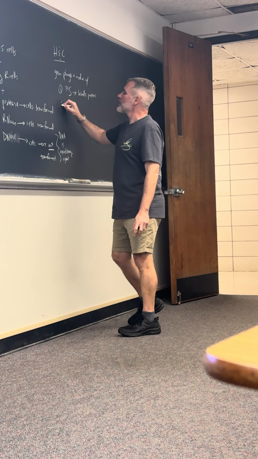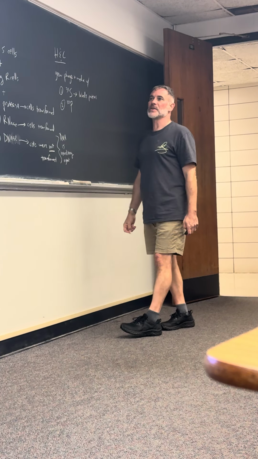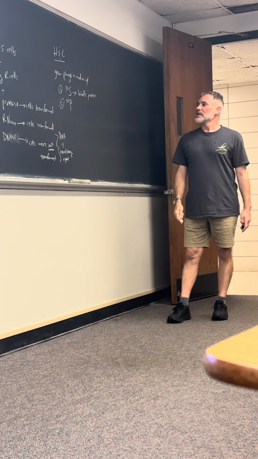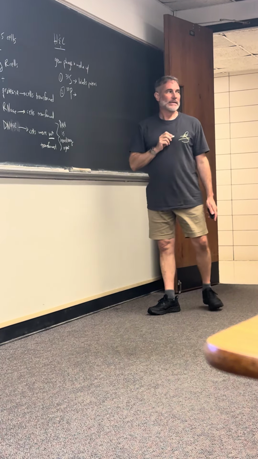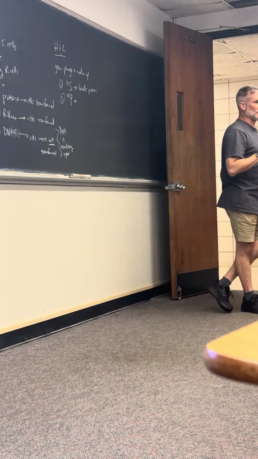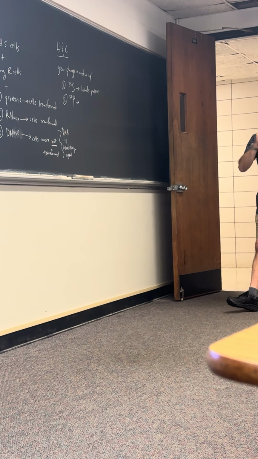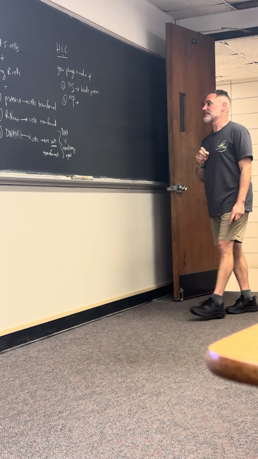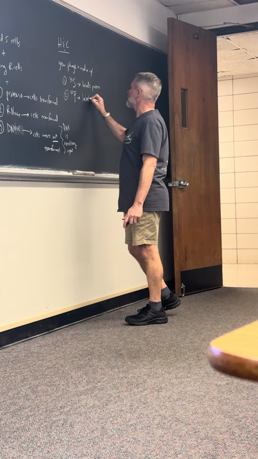Okay. Then they did a second experiment where they used P32. And P32, which is a radioactive isotope of phosphorus, does not incorporate into proteins. Amino acids do not have phosphorus, but DNA does. DNA has a phosphate group with every nucleotide. And so P32 labels the DNA.